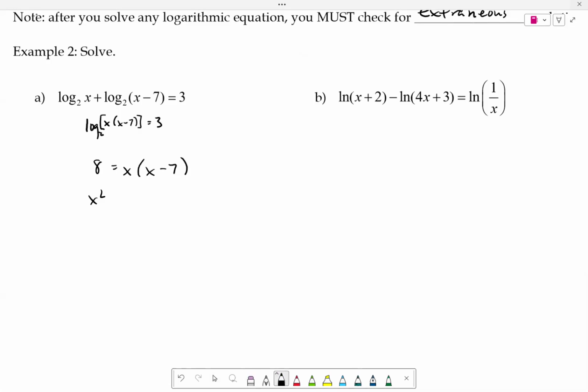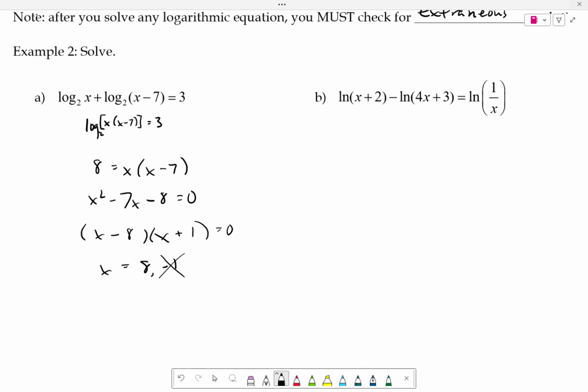Okay, so x squared minus 7x. I imagine you subtracted 8 from both sides. And also the first one, log base 2 of -1. Uh-uh. So we get two answers, but only one of them is valid. So please dismiss the other one.